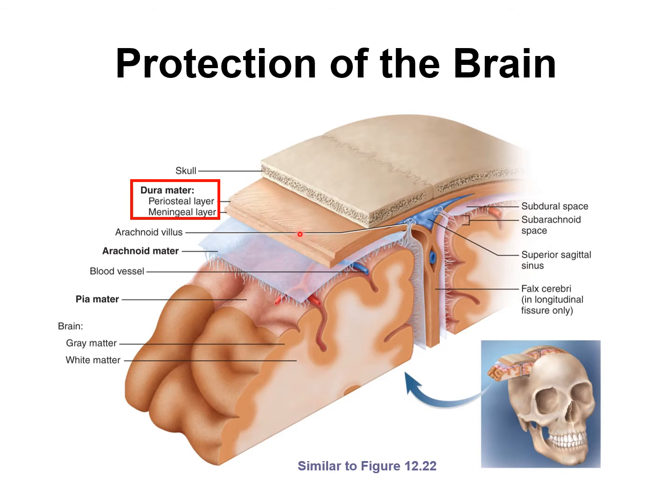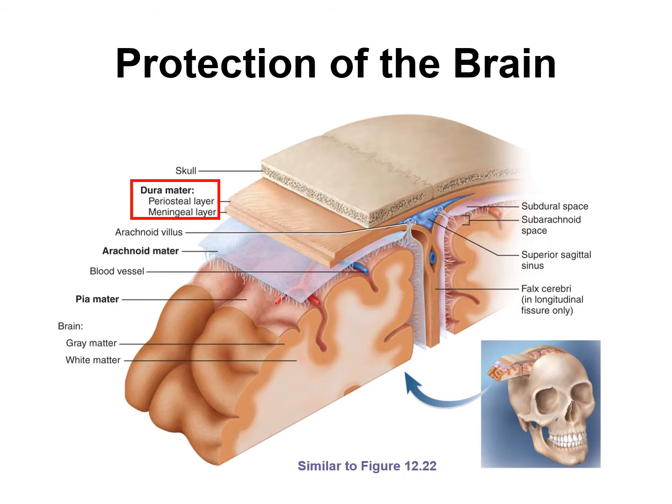This is the thickest of the 3 meninges. It provides a physical barrier against infection. Notice that the inner or deeper layer of the dura mater actually dives into the cerebral fissure, the longitudinal fissure.